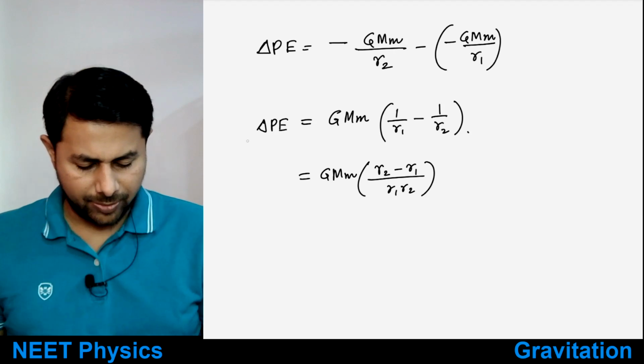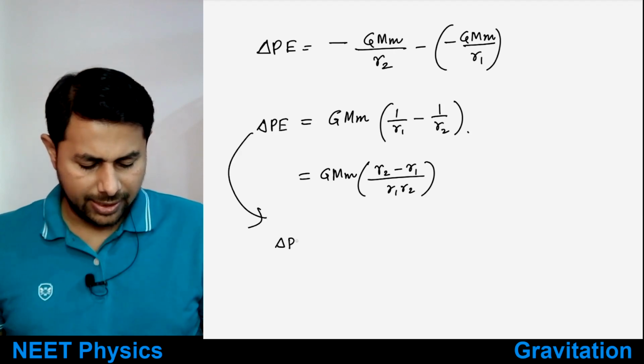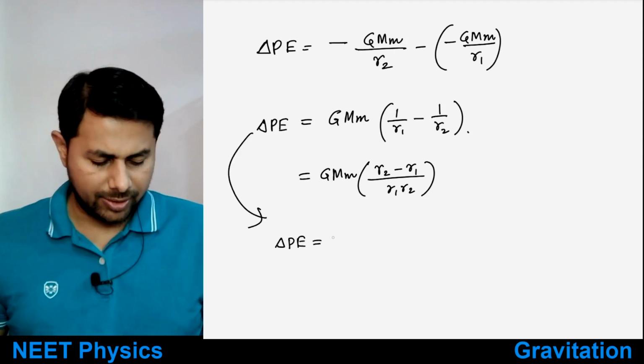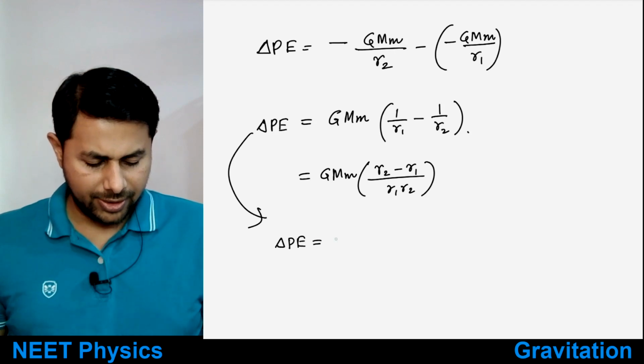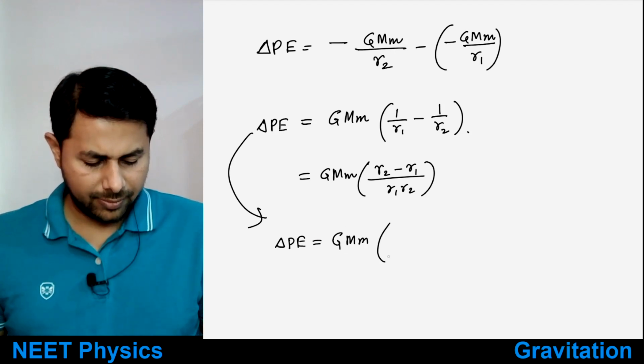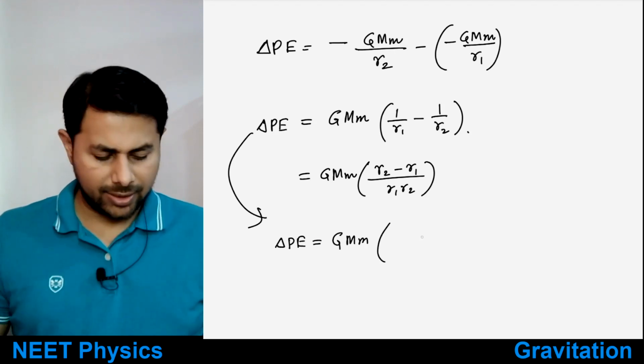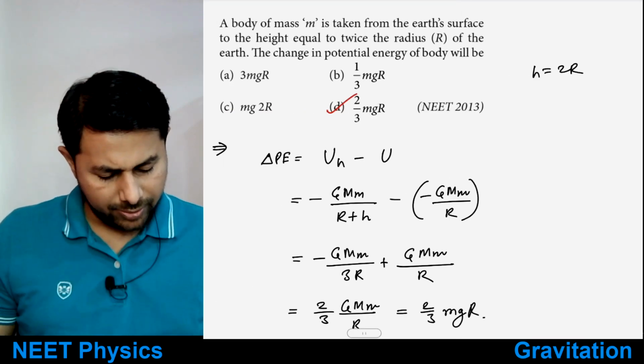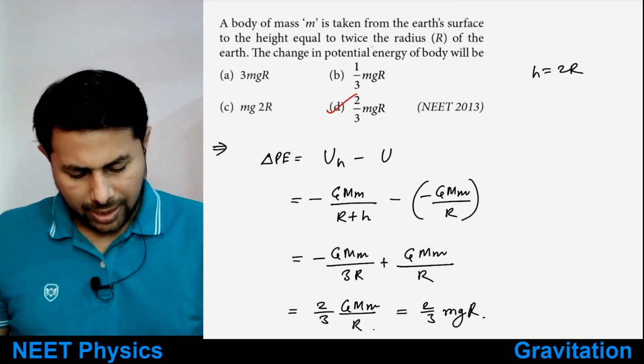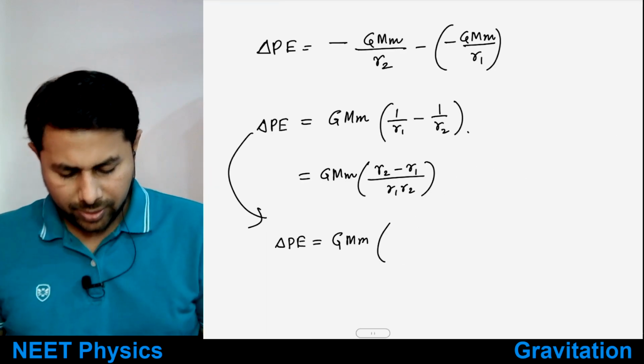So in case of the last problem, if we make use of this one, delta PE is equal to GMM, and what is R2? R2 is equal to R plus H, so that is 3R.